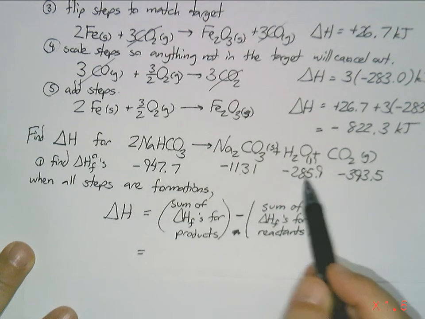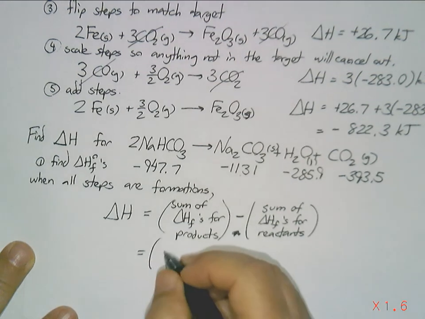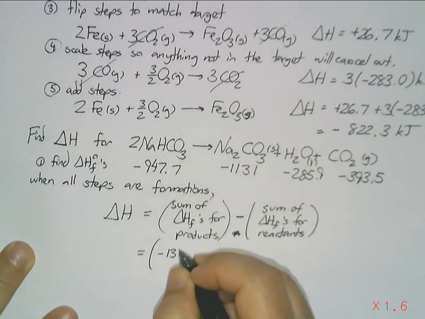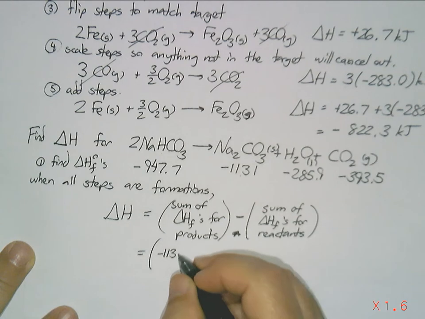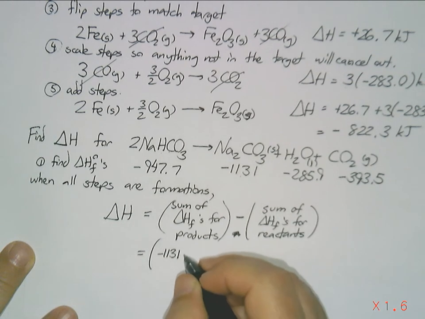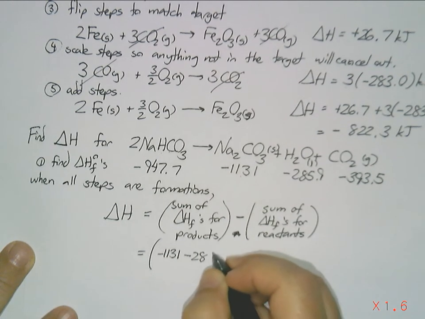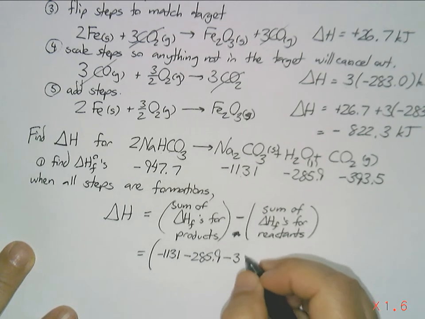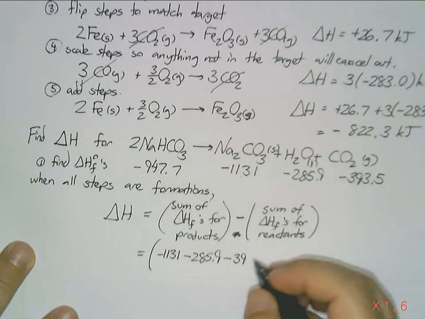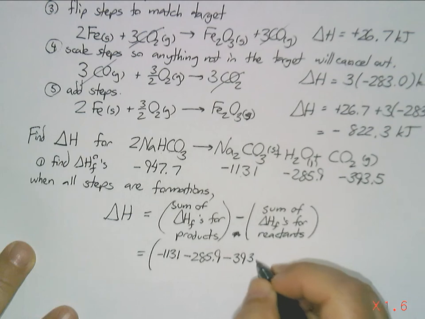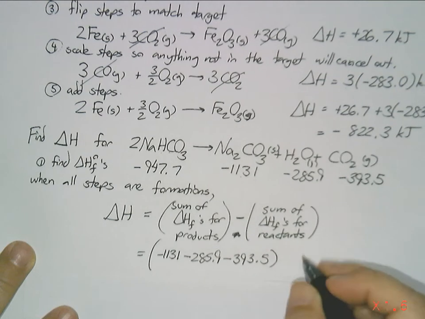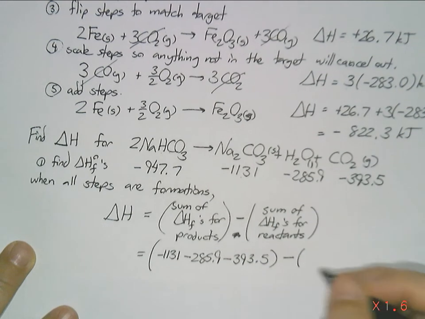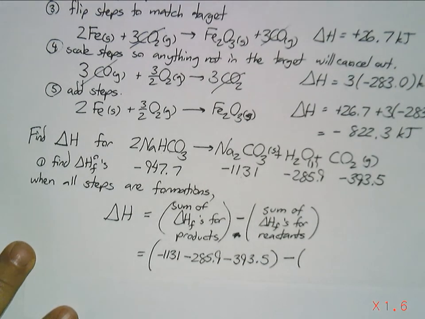If I add this to this to this, 1131 minus 285.9 minus 393. I'm just adding them up. Plus a minus is a minus, so I'm writing it a little bit more compactly. Minus, I'm going to put parentheses around this.